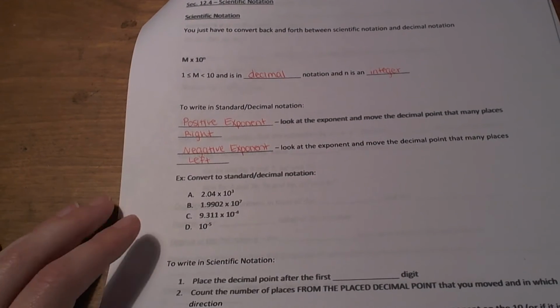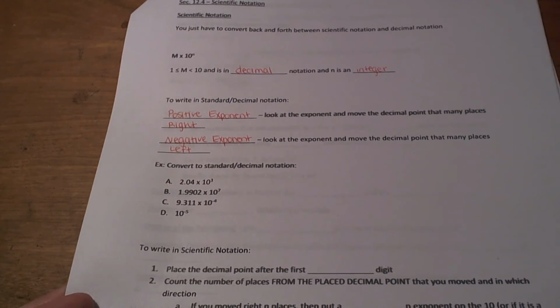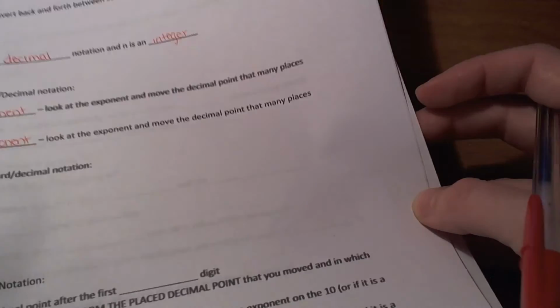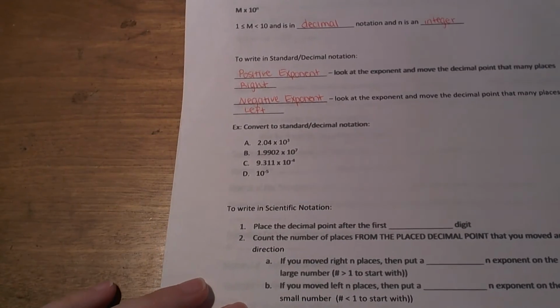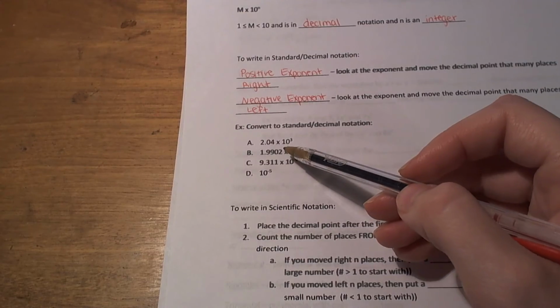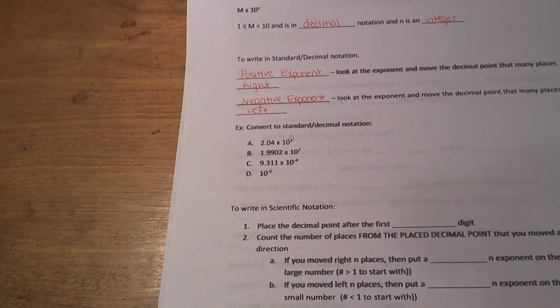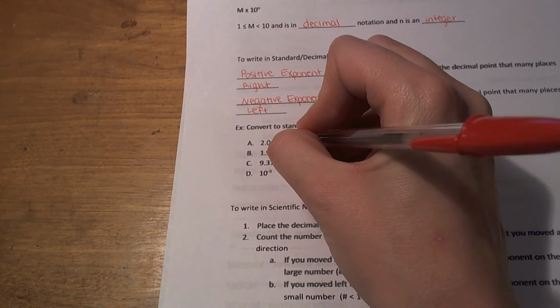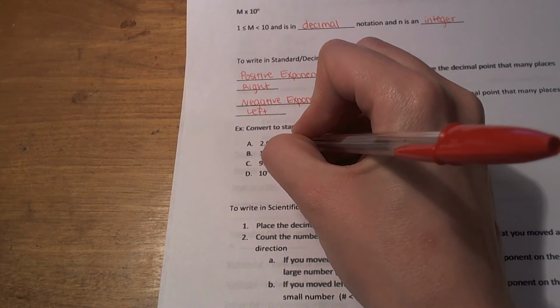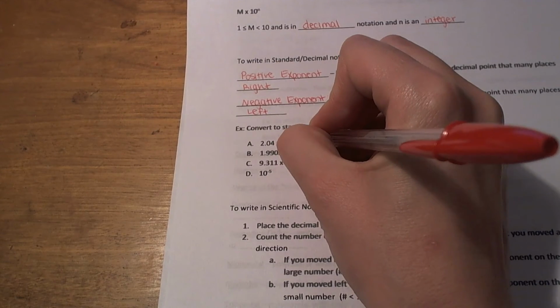So your questions will ask you to convert to standard or decimal notation. So I have this scientific form. I'm going to look at the exponent and see it is a positive 3. Since it is a positive 3, that means that I want to move 3 values right.